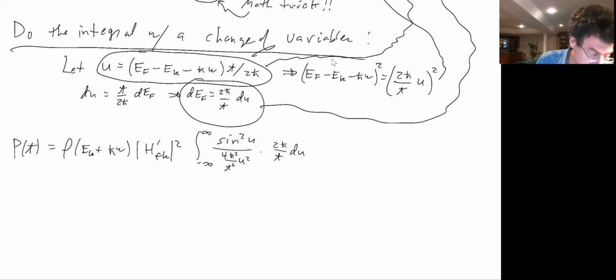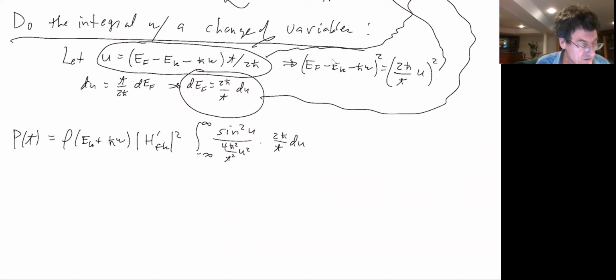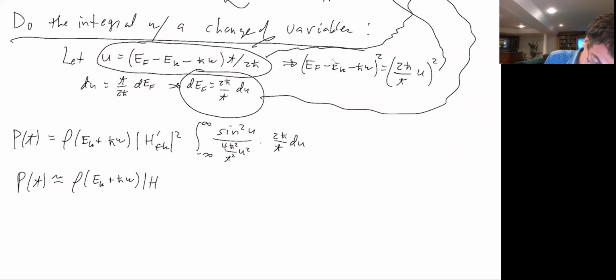And so I get this very cute result, which is that the probability as a function of time is equal to rho, my density of states at the final energy, times my matrix element connecting my initial and final state, times t over 2h bar times this integral from negative infinity to infinity of sine squared u over u squared du.